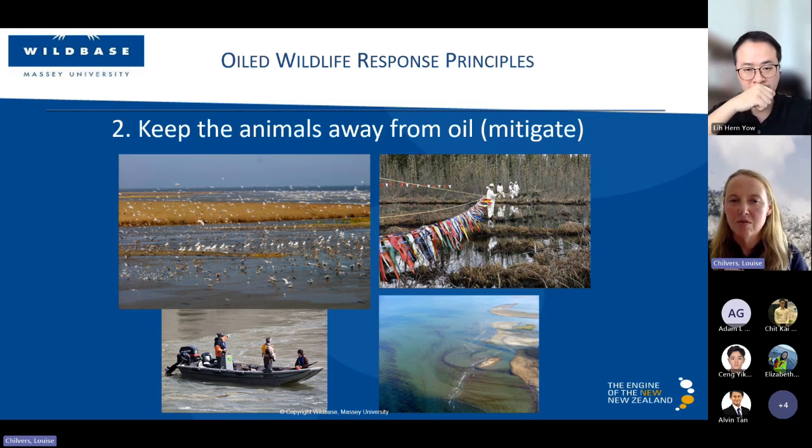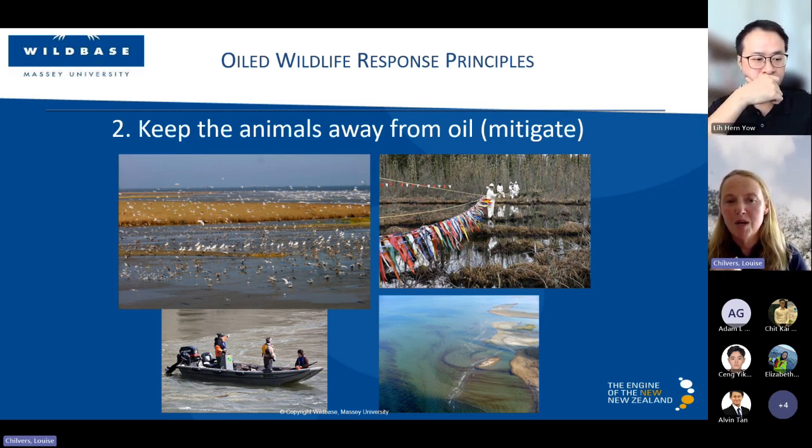By the time the oil reached them, I'm pretty sure there were only about 20 birds left that they had to actually collect, de-oil and rehabilitate. So the second one is keeping animals away from the oil, and those are the two sections that we will cover explicitly today.